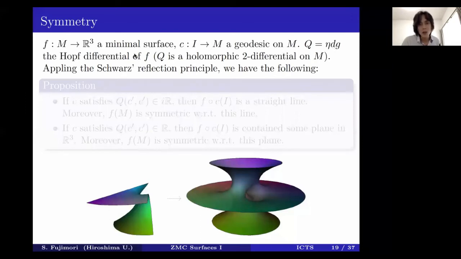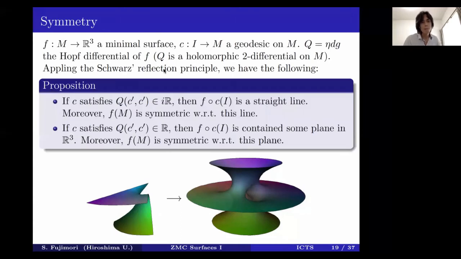This is called the Hopf differential of F, and this is a holomorphic 2-differential on M. And applying the Schwarz reflection principle, we have the following proposition. So if the geodesic C satisfies this, I mean, Q is a 2-differential. So if we put in two vectors, then we get functions.